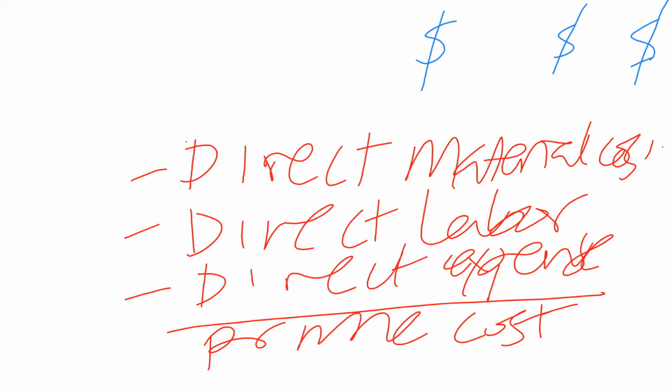So you are going to add the factory overheads to this. Once you add the factory overheads, which are the indirect costs, the prime cost is about the direct costs and the overheads are about the indirect costs. When you add everything, you're going to have the cost of production.